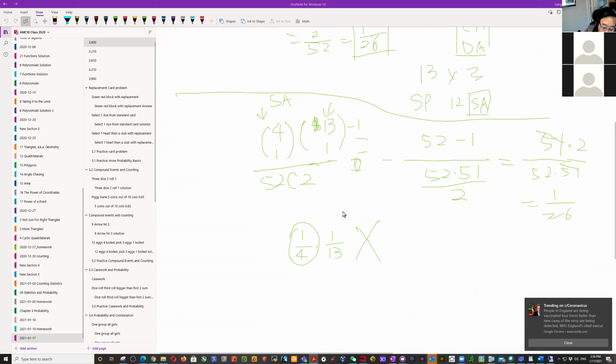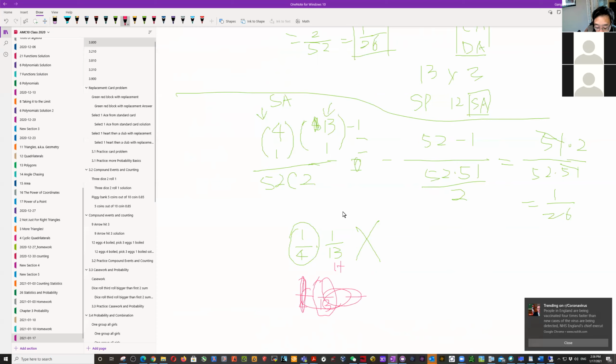And then basically, you have 1/4 chance to select a heart. Then you have 1/13th chance to select the heart. After you select that heart, let's try to do it this way.